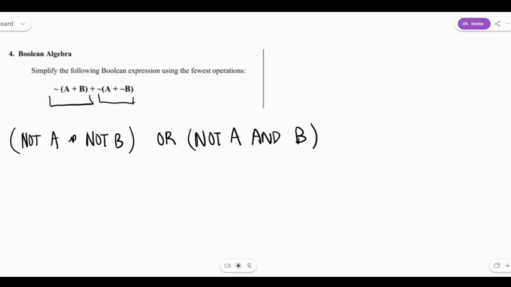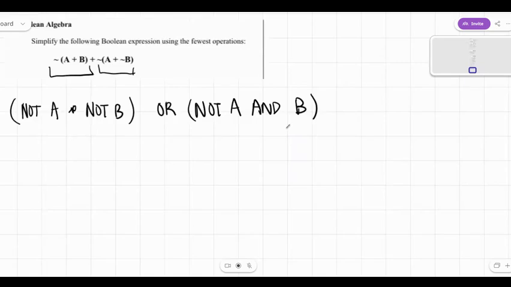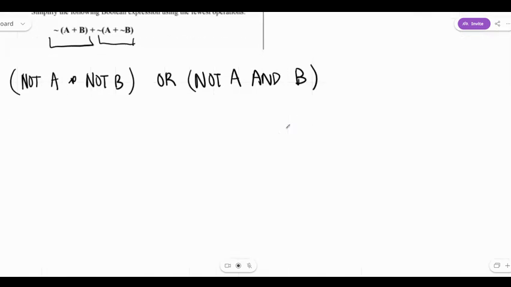Now we must see how we can simplify this expression further. So now we can factor out not A from these two parts.